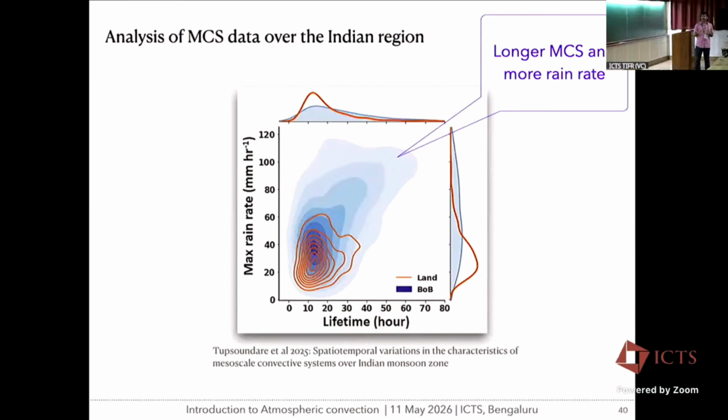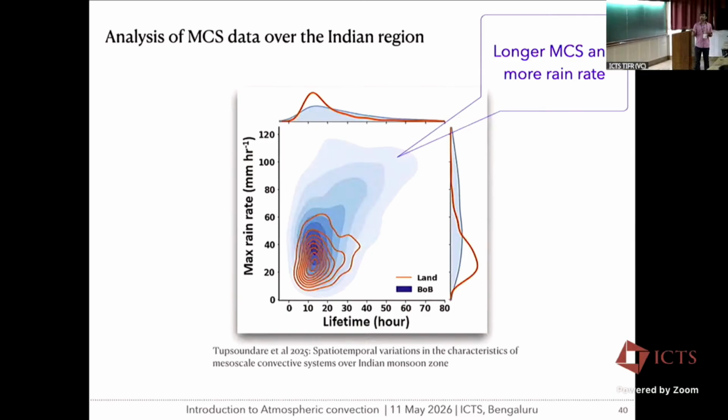So this plot estimates the lifetime of mesoscale convective systems, and it also estimates the rain rate from those systems. Of course the red contours are for land, and this blue shading is for systems over the Bay of Bengal. And like what we saw, stronger and deeper convection over land and weaker and narrower convection over ocean.